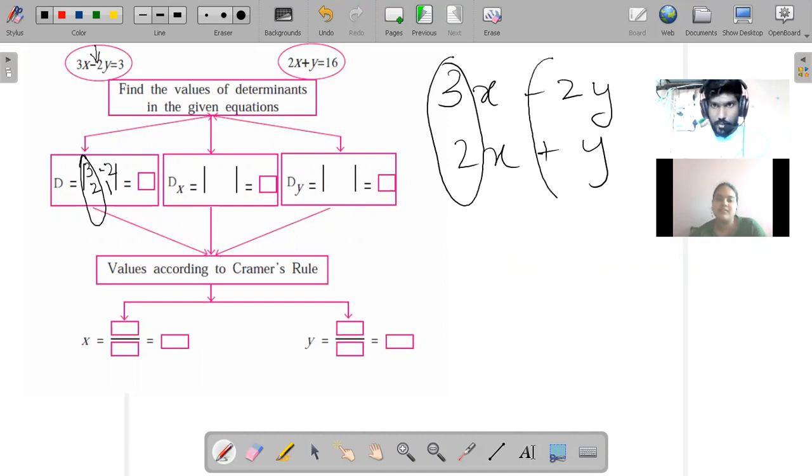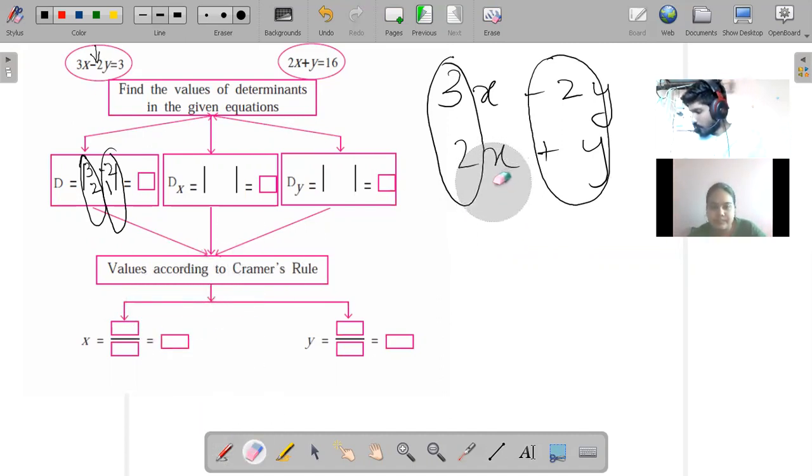And this -2 and 1 is here. I thought you took the 3 of 3x and 2 of 2x, and then the -2 of 2y and the 1 of y. Yeah, that only is done.